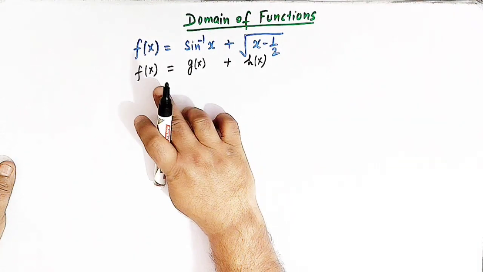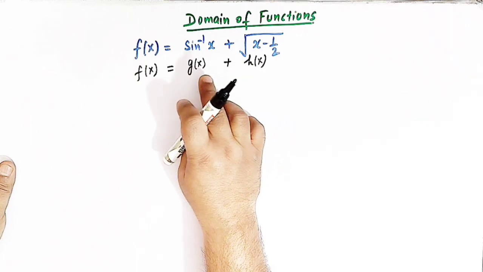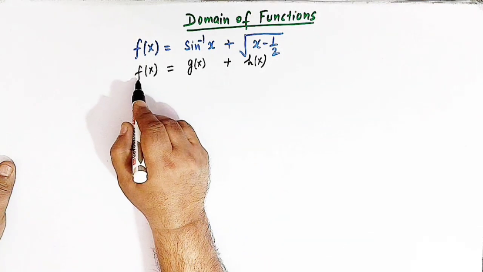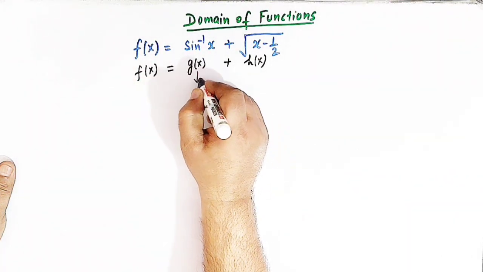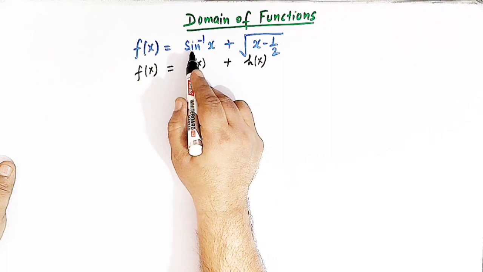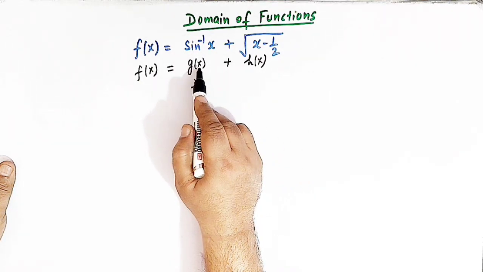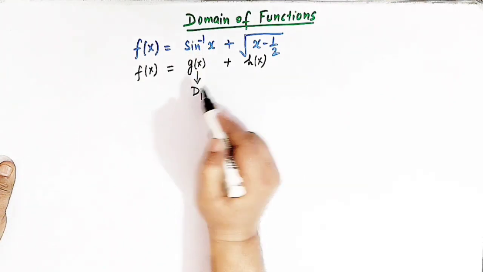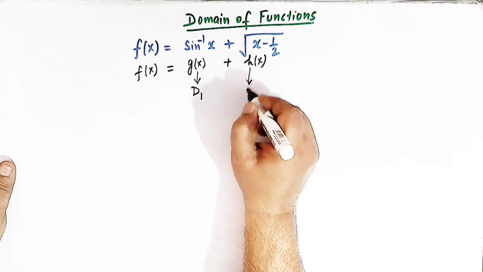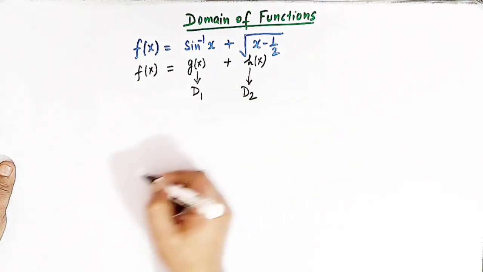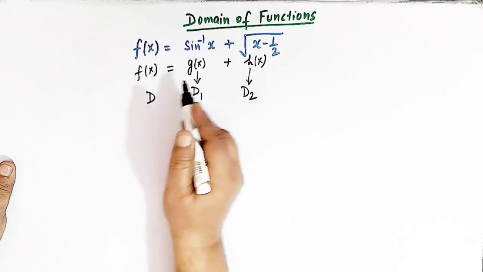Whenever we have a function which is described as a sum of two functions, then to find out the domain of that function, which is f of x, we find the domain of g of x. Let us denote the domain of g of x, which is sine inverse x, as d1, and let us denote the domain of h of x as d2, right? And let us take the domain of f of x as d.